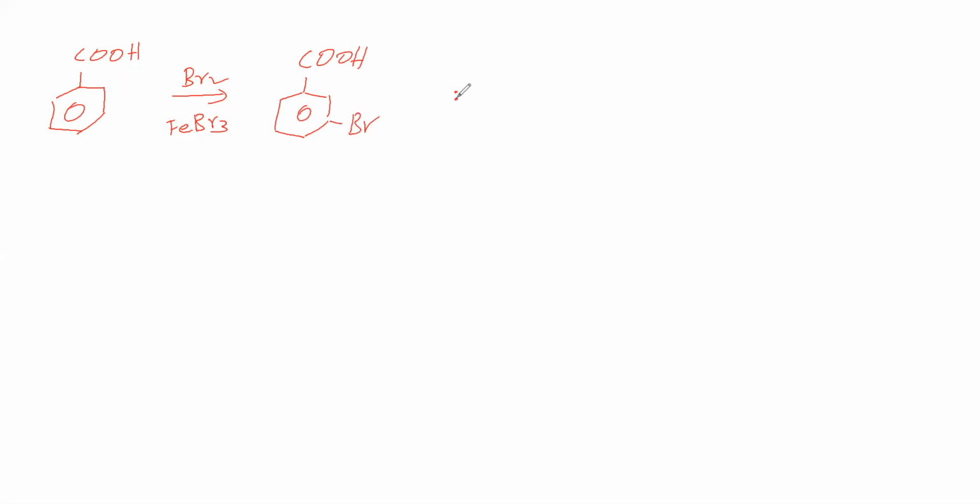Then carboxylic acid going for sulfonation. For sulfonation, take the sulfonating agent, concentrated sulfuric acid and sulfur trioxide. Here the electrophile is SO3. This electrophile attacks the meta position. Therefore, sulfonic acid goes to the meta position.